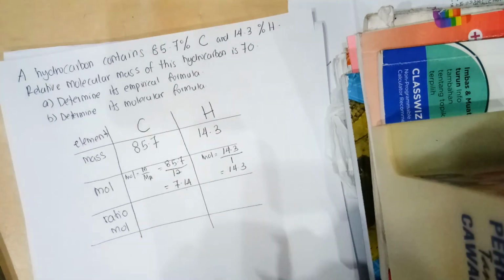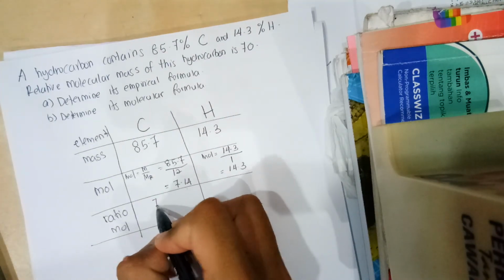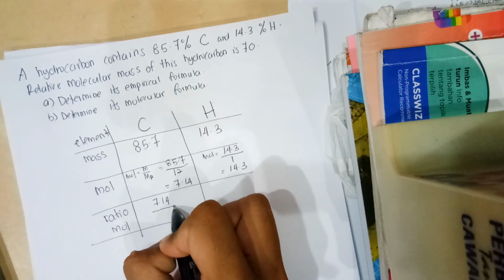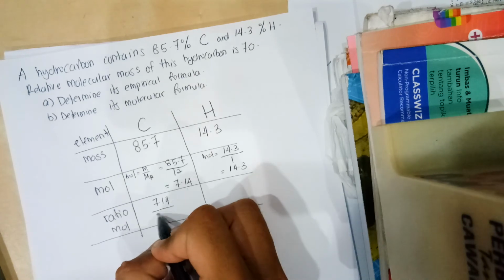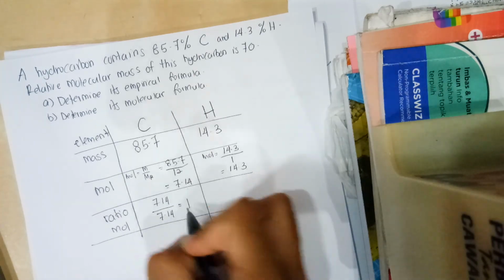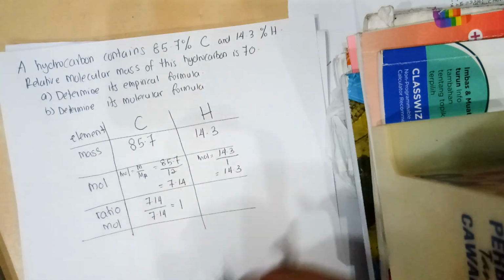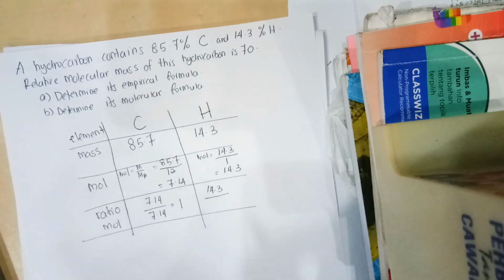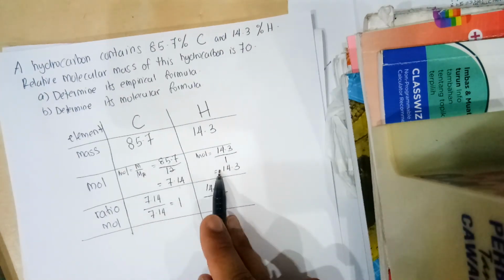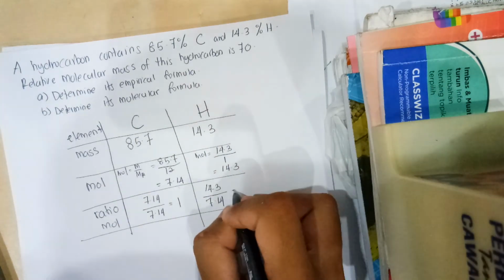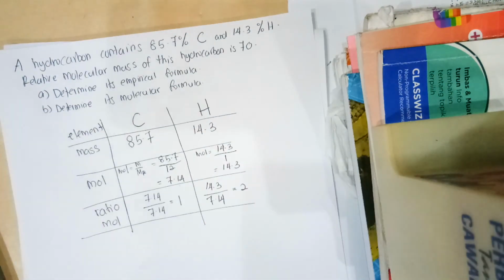So for carbon, 7.14 divided by the smallest mole, 7.14, becomes 1. For hydrogen, the mole is 14.3 divided by the smallest mole, 7.14, and you will get 2.